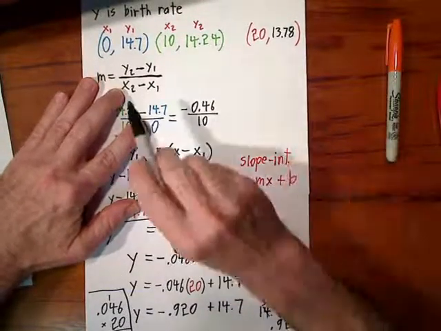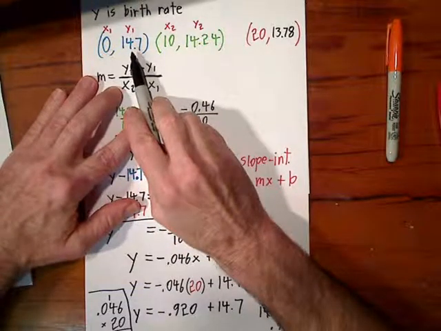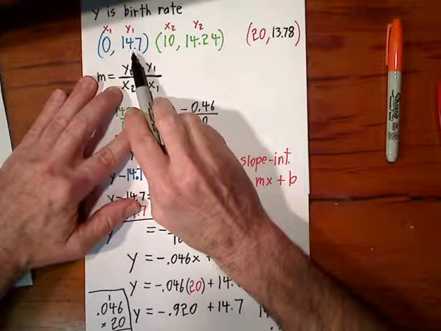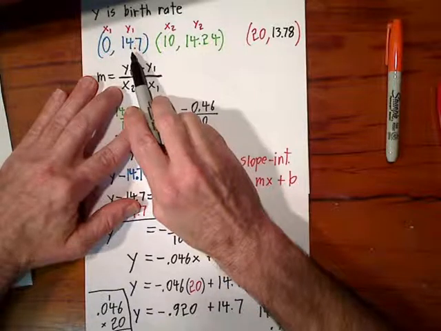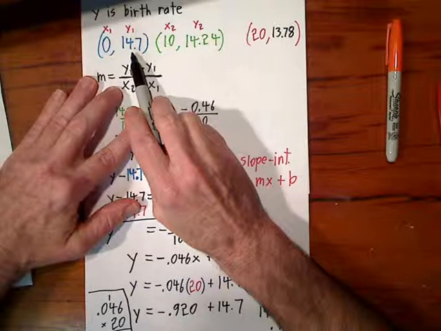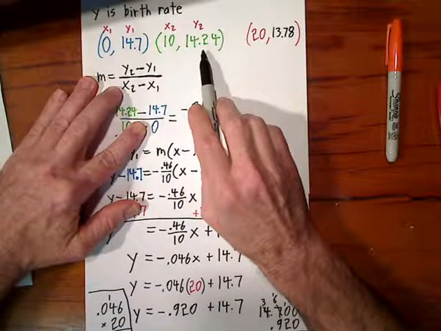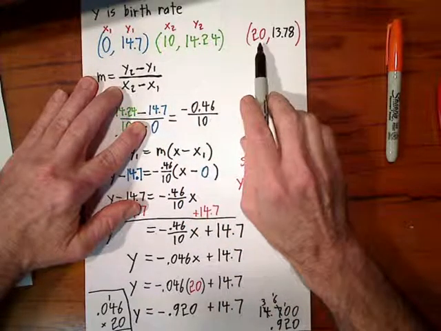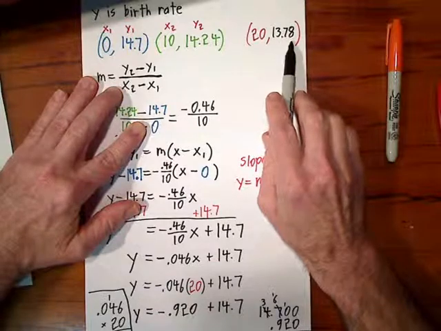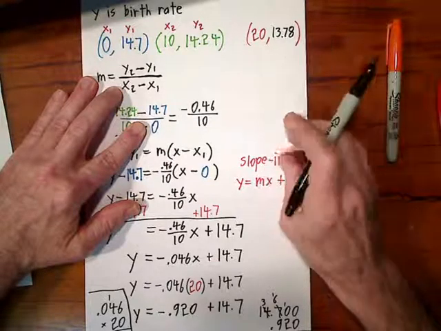And this makes sense. Each year the birth rate is claimed to be going down in this particular country. It went from 14.7 births per thousand in the population to 14.24, and finally over 20 years later it's down to 13.78 per thousand people.